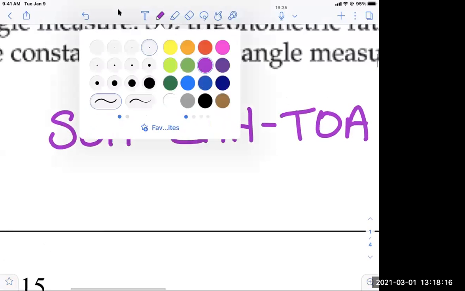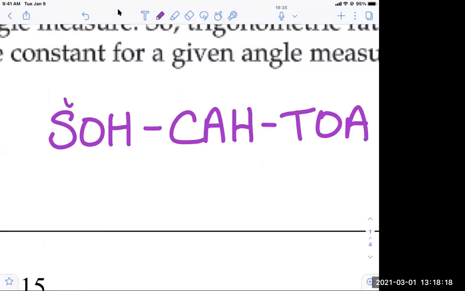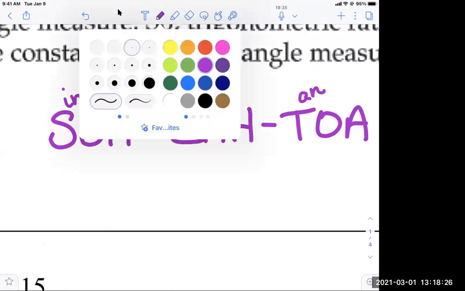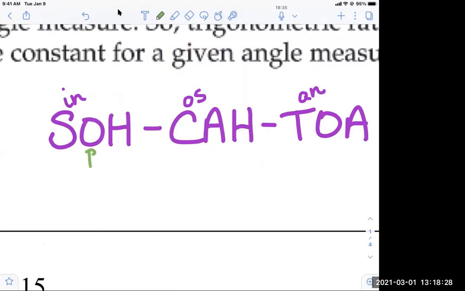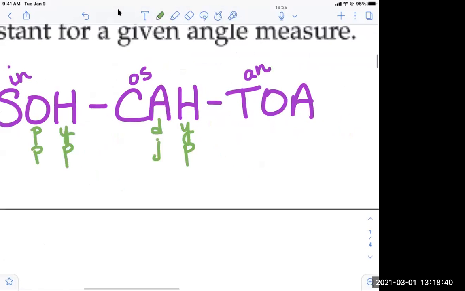When you read this, you should be thinking sine is opposite over hypotenuse, cosine is adjacent over hypotenuse, and tangent is opposite over adjacent.